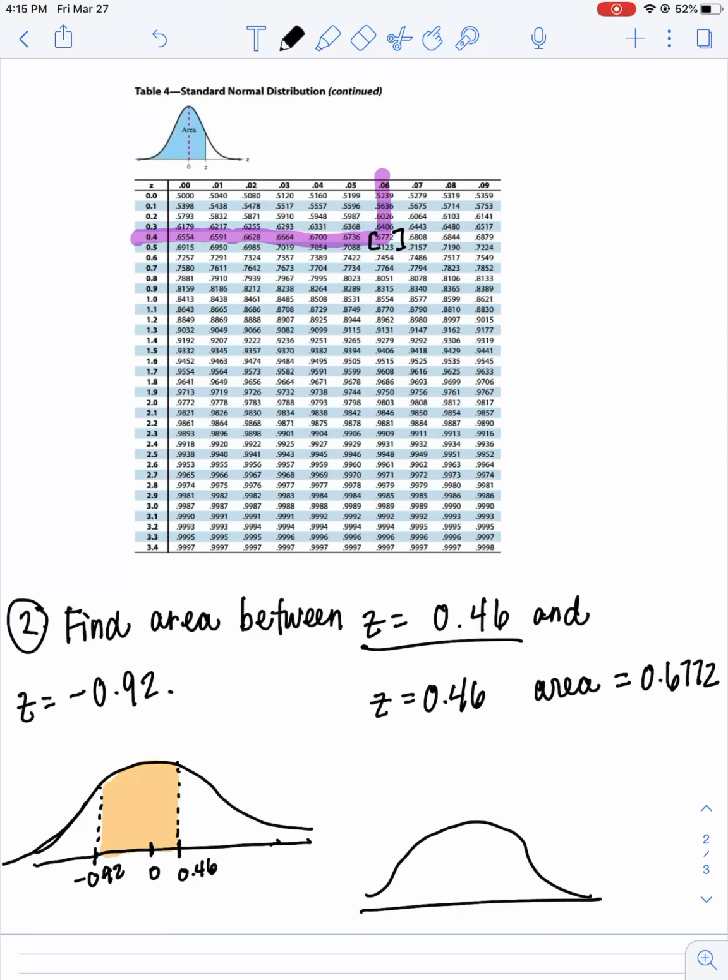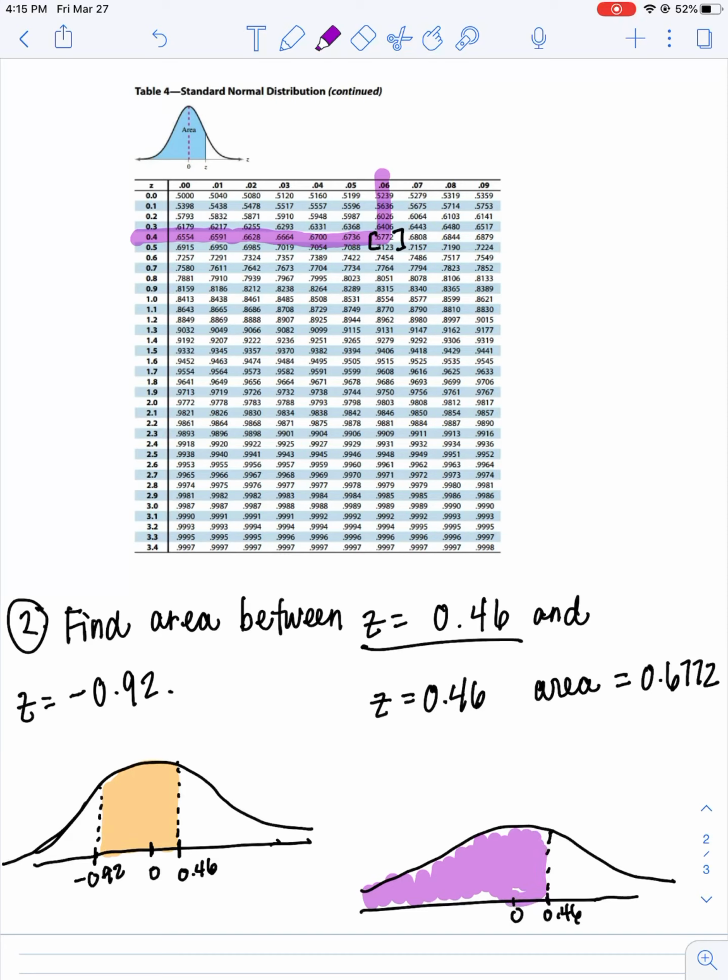Which means all of that to the left, like if I draw a picture again. Oh, that's bad. That's bad too. Hold on. That's a little bit better. If I go 0, we said 0.46.